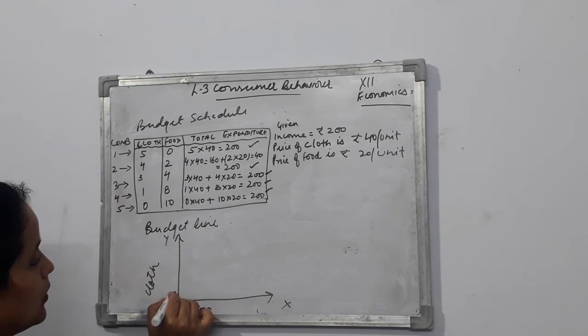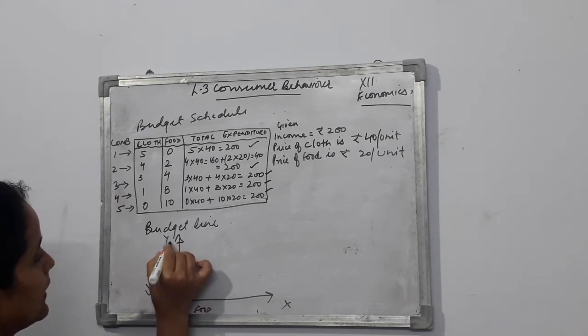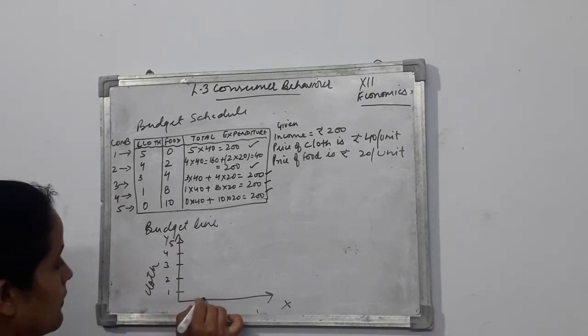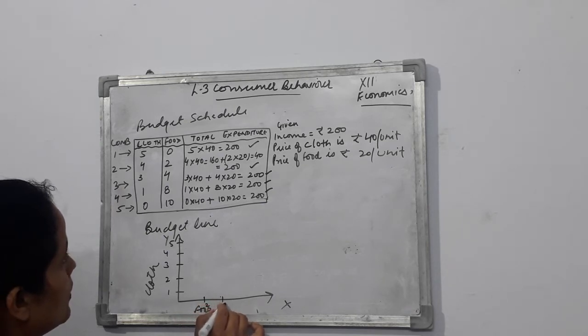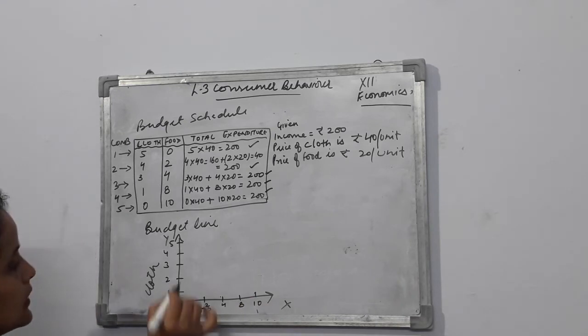So 1, 2, 3, 4 and 5 is here, and here you have 2, 4, 8, 10. Got it?